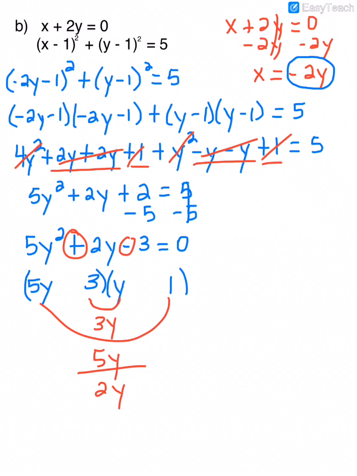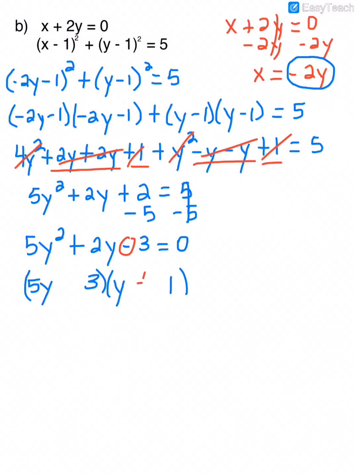My 2 is positive, so I know that my bigger product needs to be positive. So this needs to be positive and this needs to be negative, which means that my plus sign would need to go in my second binomial, and my minus sign needs to go here.